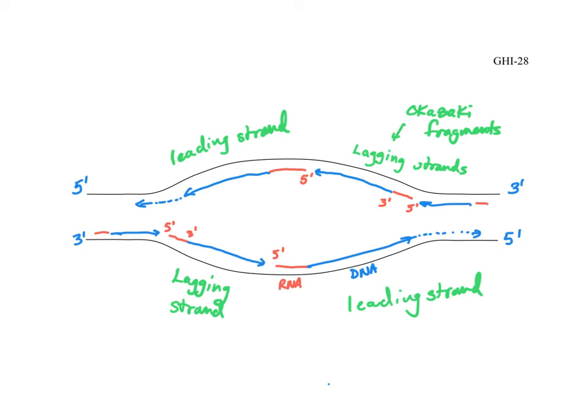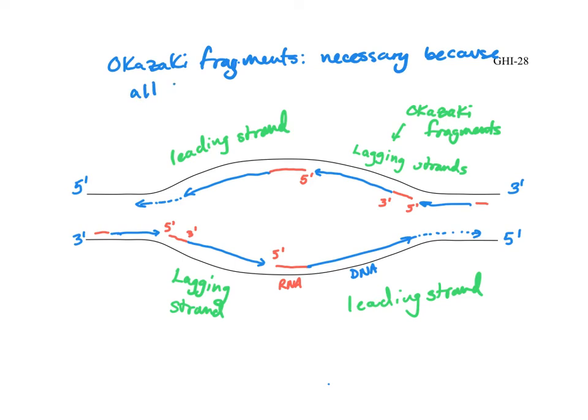So the upshot, let's finish this off by making a note. Okazaki fragments is the name of this topic. And these are necessary because all DNA replication or all DNA synthesis must extend off the 3' hydroxyls.